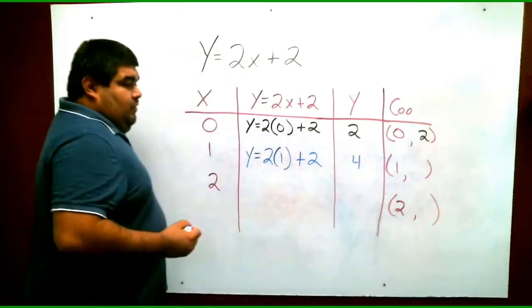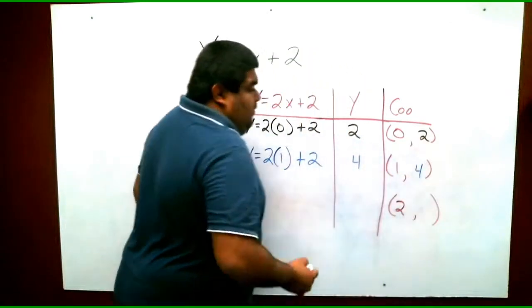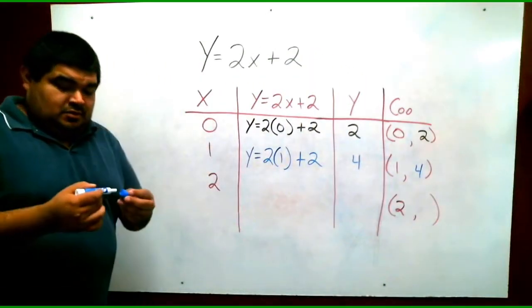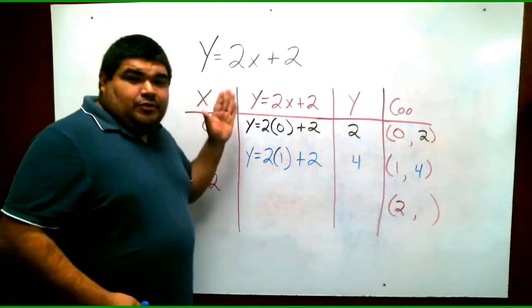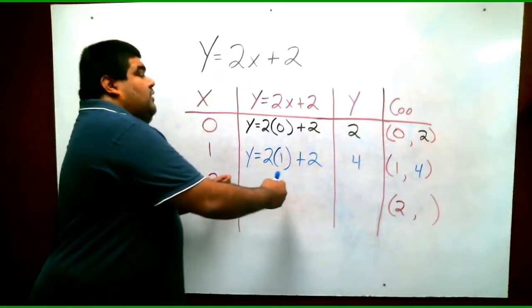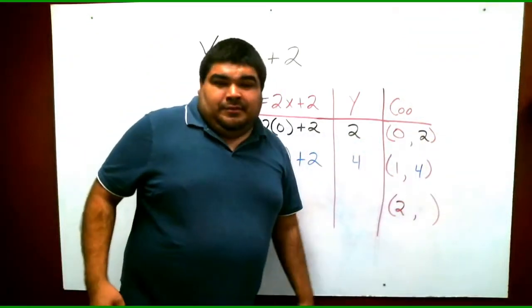So we have 4. So now we can plug in the 4 also over here on the coordinate. Notice that there's a pattern to it. Remember, all we're doing is plugging in the number on the x to the equation to solve for y, to solve for our coordinates.